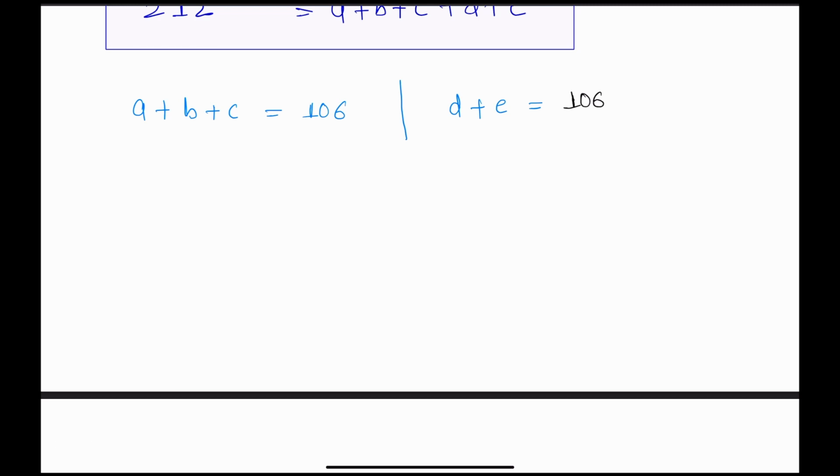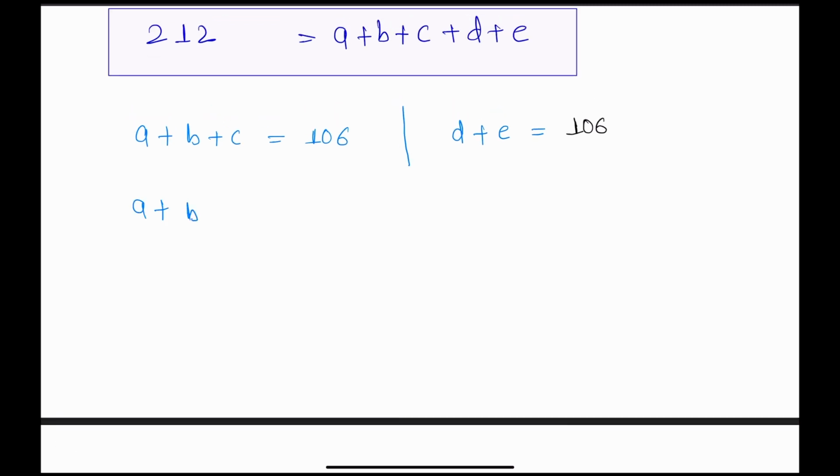So if I know a plus b plus d is equal to 116, then c plus e will be 10 more. So here it will be 10 less, 96. So this much value we already got.